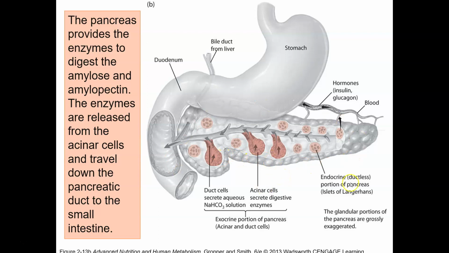So here's our pancreas right here. So the pancreas is going to secrete sodium bicarbonate. So it's going to bring the pH up to neutral. Remember, the stomach's very acidic. But we also have these acinar cells that secrete digestive enzymes. And what's important to our discussion now is the pancreatic amylase.